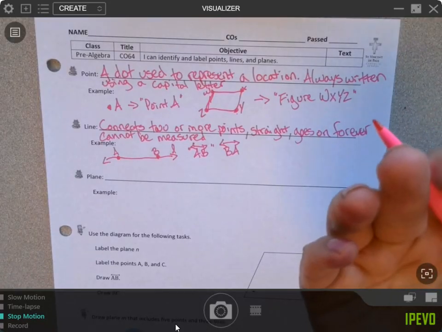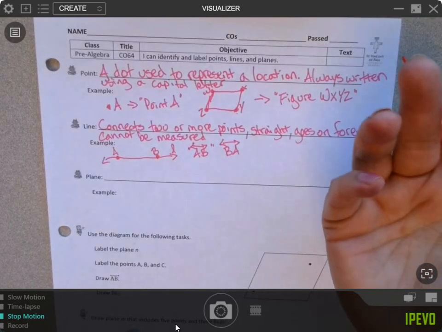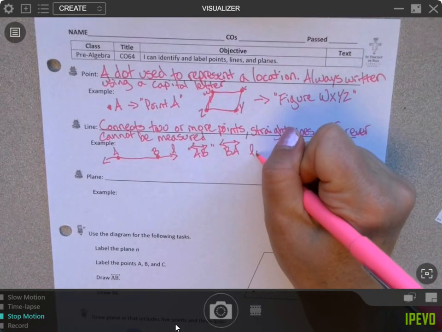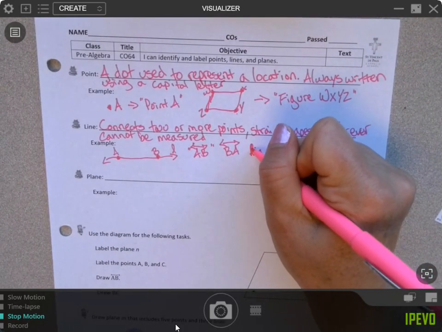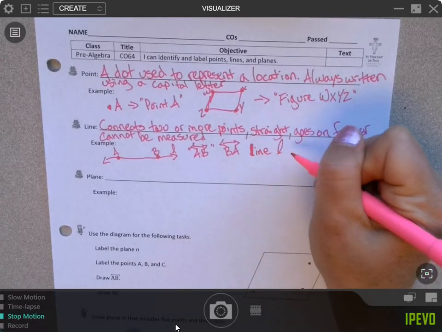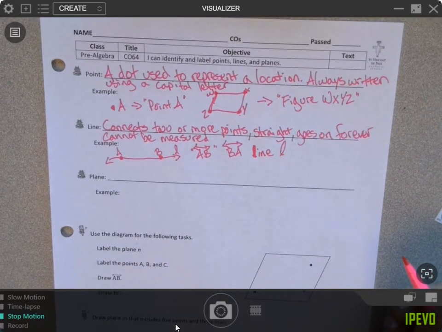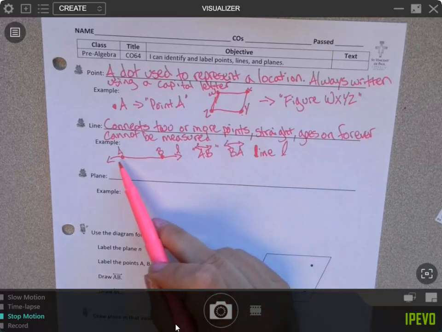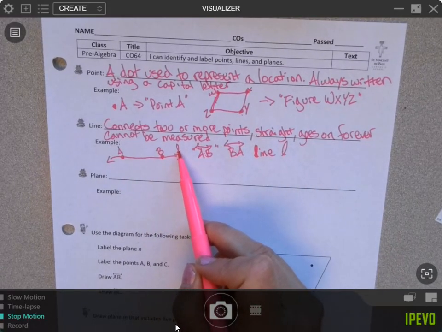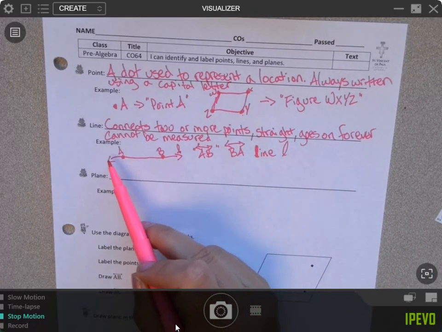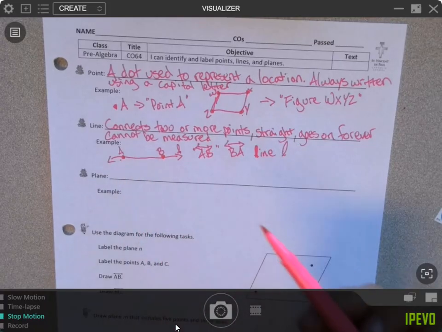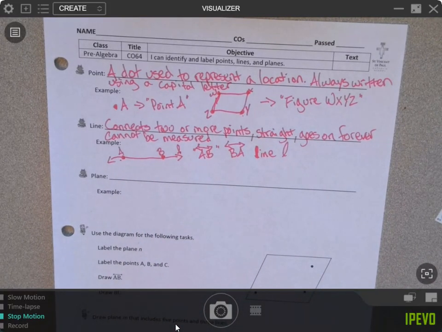It's the line that has those 2 points on it. Or we could call it line L. So you could call it the line, that's that lowercase. You could call it by the points that are on the line that are capitals. They're all different ways to label your line.